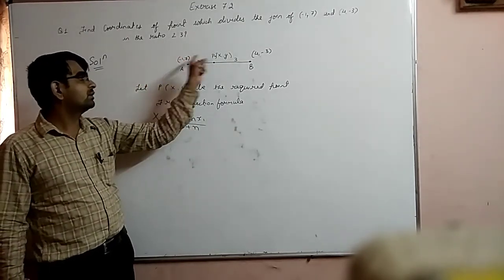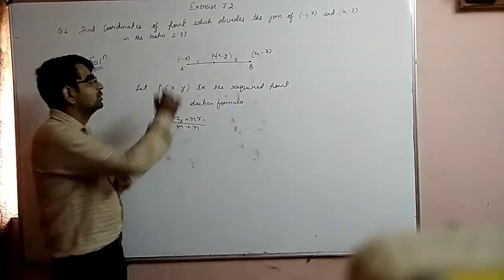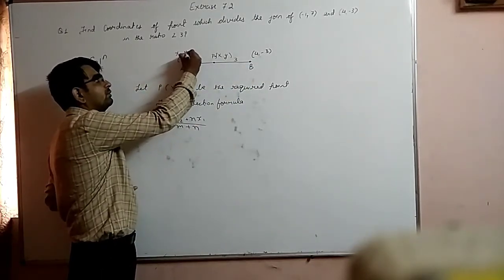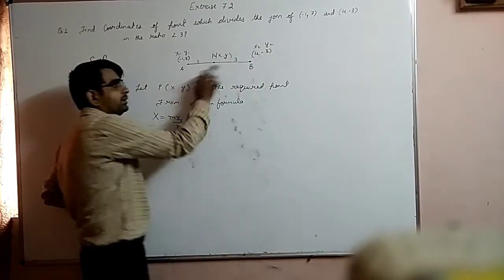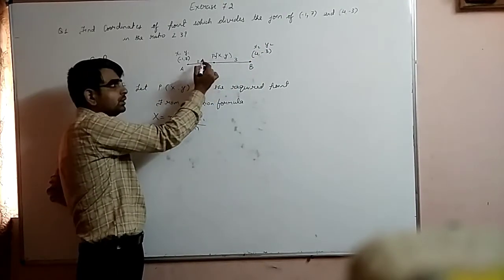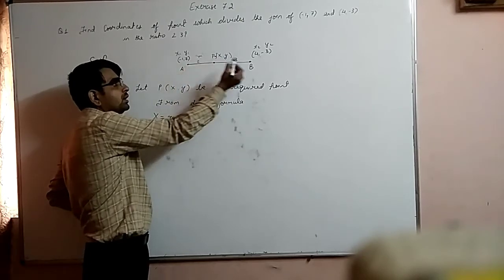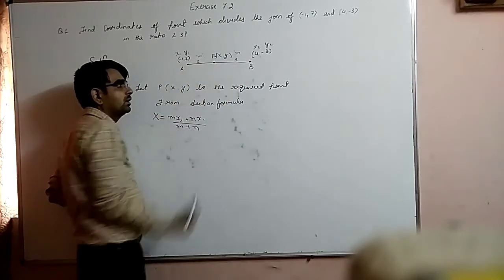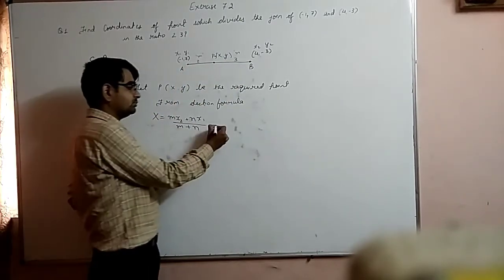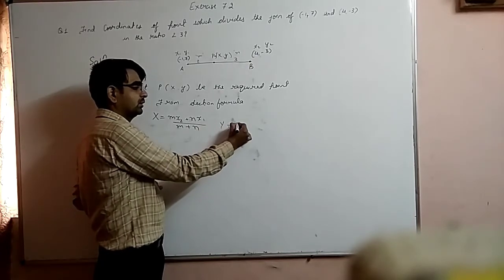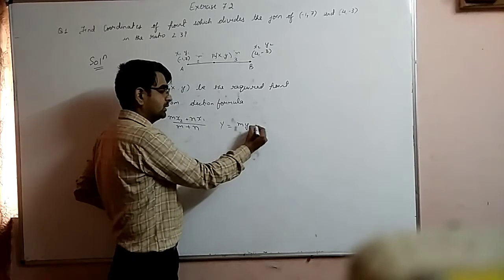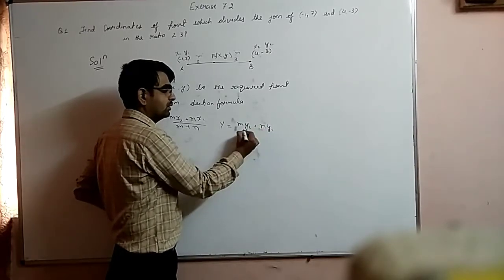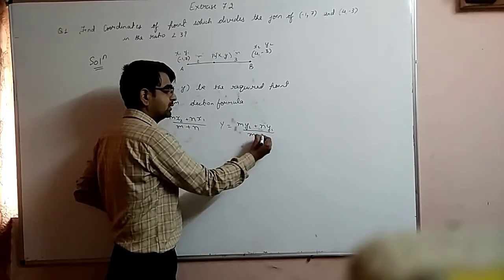This is our x1, y1 and this is our x2, y2, and this is the ratio 2:3. So this 2 will become m and this 3 will become n. Now the y coordinate will be (m y2 plus n y1) by (m plus n).